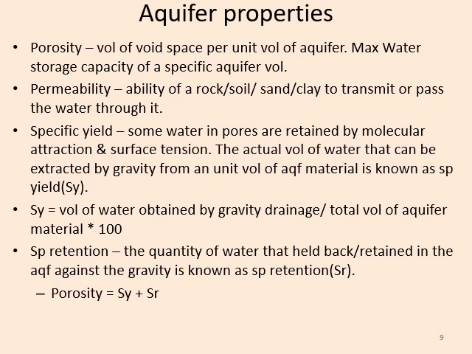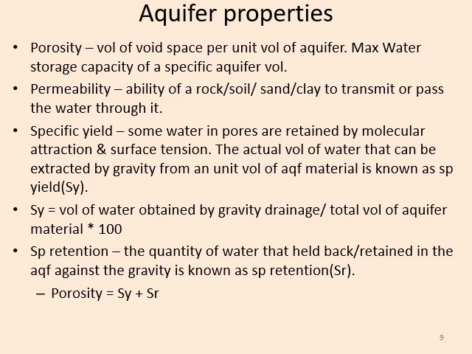Specific retention means the quantity of water that will be retained, not extracted, from the particular aquifer zone against gravity. So some portion can be extracted, and some portion will be retained back.